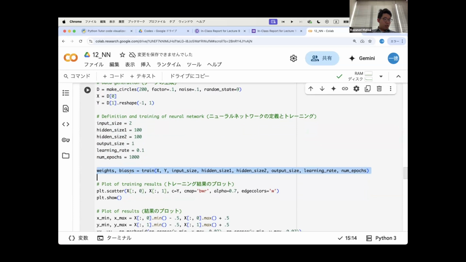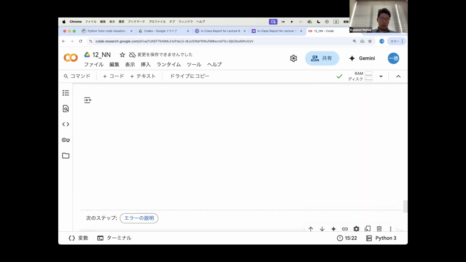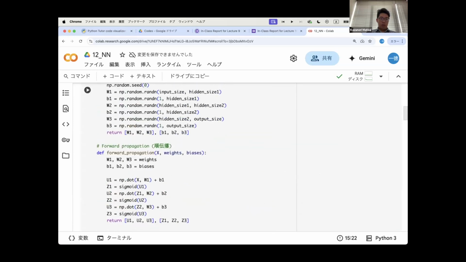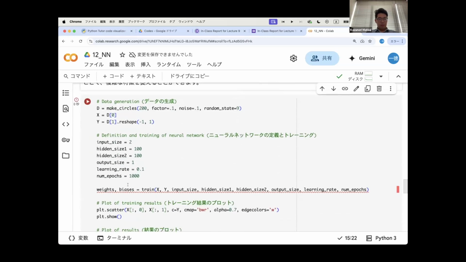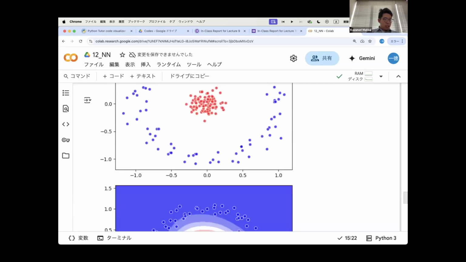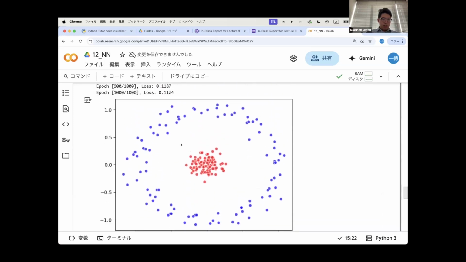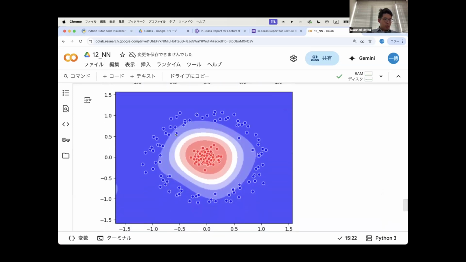Neural networks take a little bit of time. This kind of data is given, and the result predicted for it is shown here.